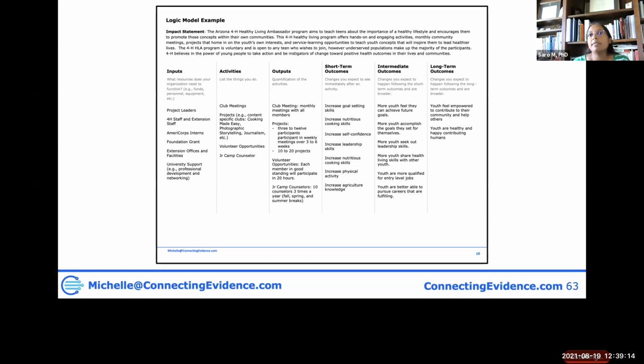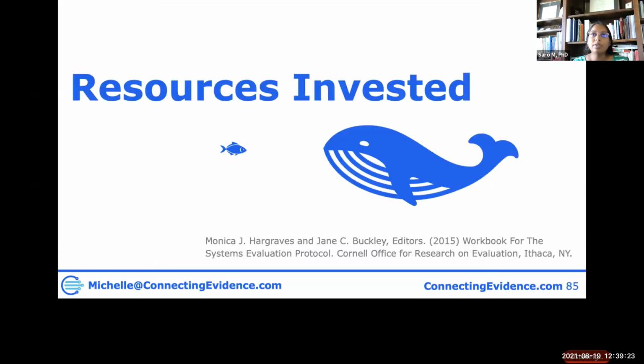You might consider, are there extant data that I can have access to that tells me concrete numbers about the number of youth I have served, and then the number that have transitioned into career or independent living or whatever it is that they're transitioning to. So every tool has a place.